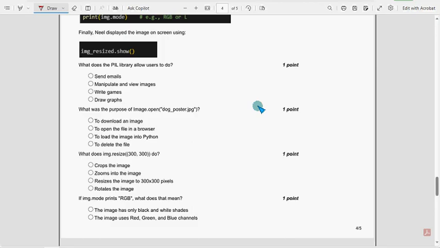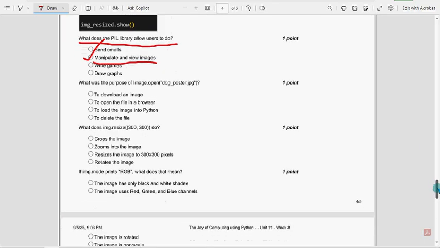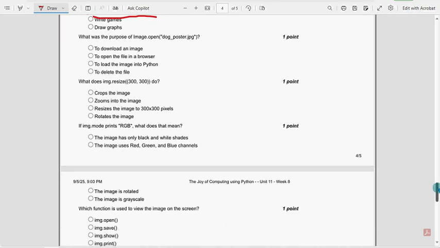And moving on to the 21st question, what does the PIL library allow users to do? For the 21st question, the second option is the probable one: manipulate and view images. Next, the 22nd one. For the 22nd one, the third option, to load the image into Python, is the probable solution.